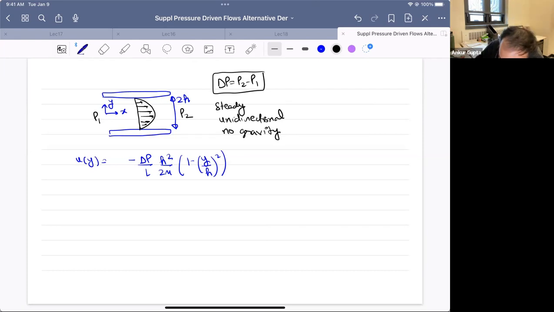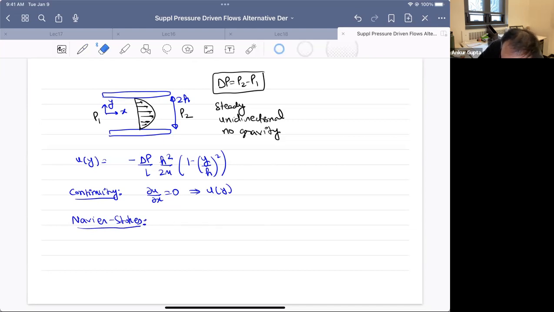Now, how did we arrive at this point? We said continuity gave us del u by del x is equal to 0, which implied that u is only a function of y. And Navier-Stokes in the x direction, we found del p by del x is equal to mu del square u by del y square.